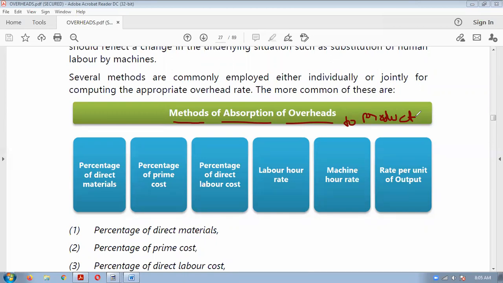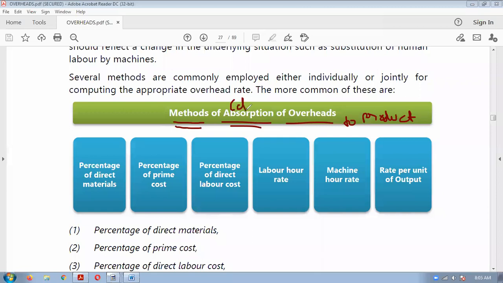We cannot tell with accuracy that this much has been done for furniture, this much for textile. We can say this labor has worked for furniture, this labor has worked for textile. But it is not possible for the office person. So there should be some formula for absorbing.